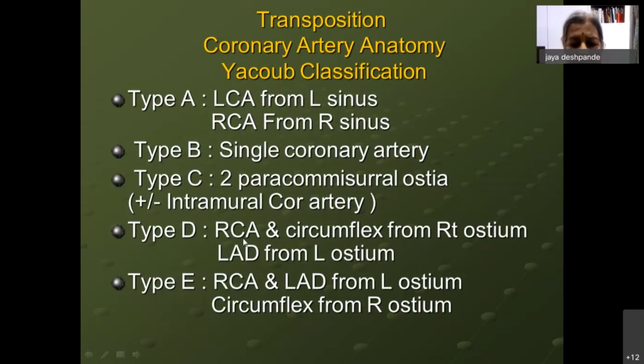Type D: the right coronary and circumflex arise from the right ostium, the LAD from the left ostium. Type E: the right coronary and LAD from the left ostium, the circumflex from the right ostium.